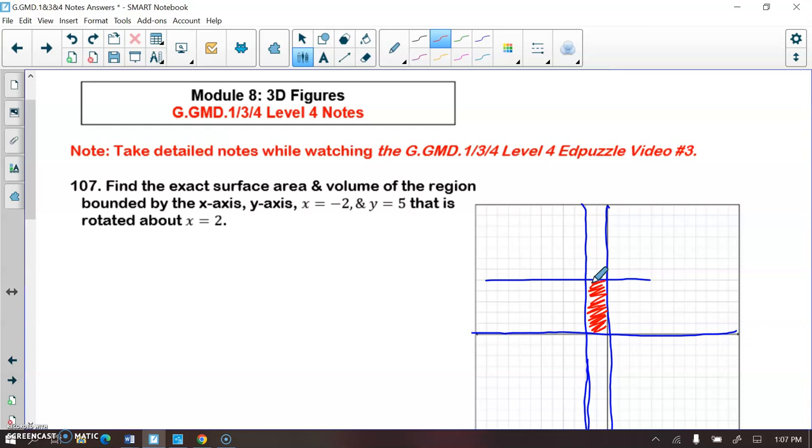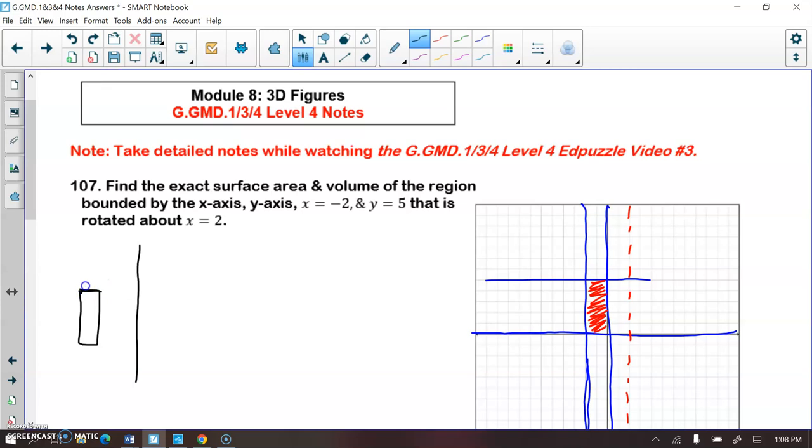And then we're going to rotate it about x is equal to 2, which is this line here. So I have a rectangle not attached to the line that I'm rotating it about.